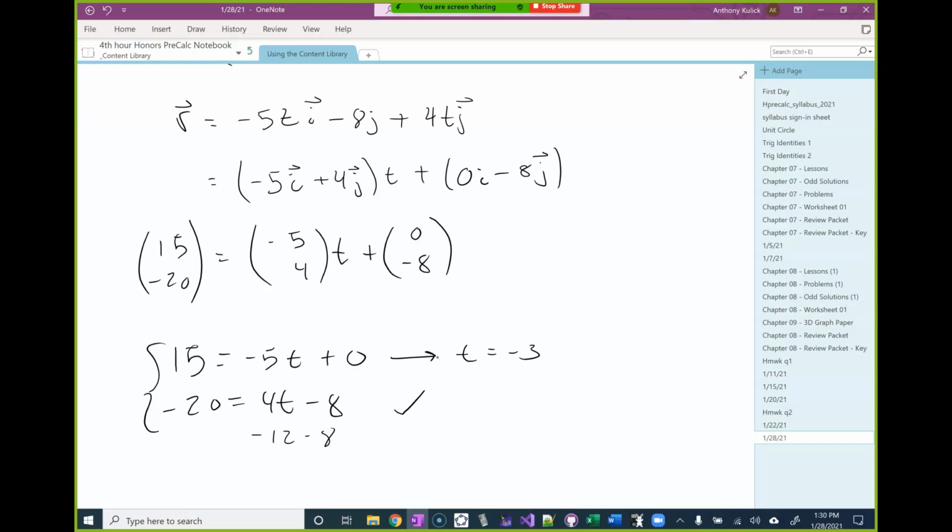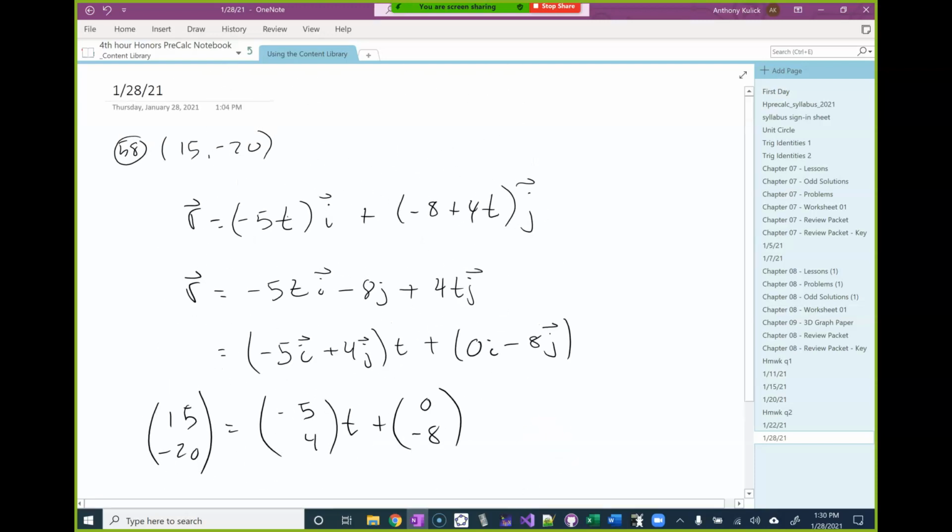Probably the trickiest thing was taking that linear combination form and sorting it back out into that more familiar form. But it really could have been accomplished at the beginning, since this is really 15i minus 20j.